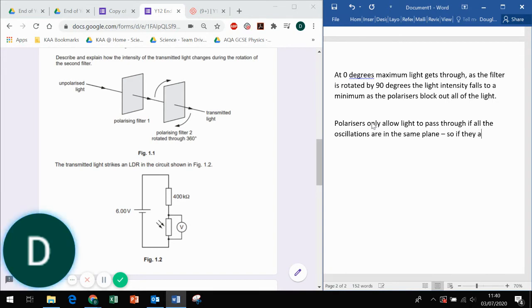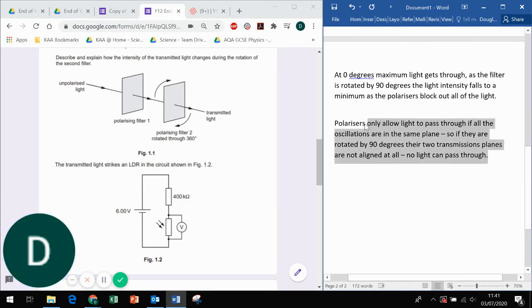If they are rotated by 90 degrees, their two transmission planes are not aligned at all, so no light can pass through. I think it's a bit of overkill here. I've written a fair amount for this.